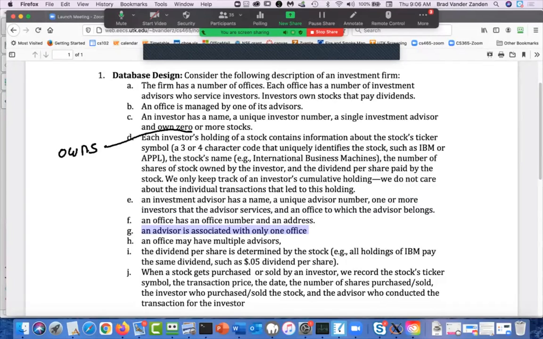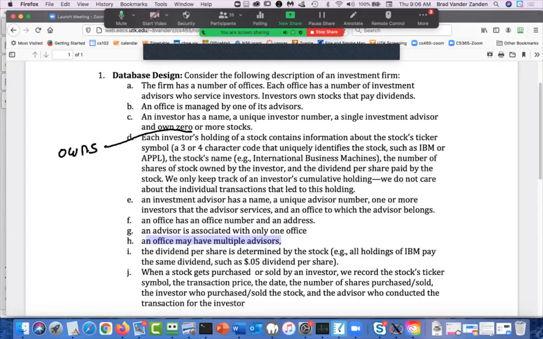So moving on to H. We see that an office may have multiple advisors. So this is now giving us information about the office advisor relationship and explicitly the multiplicity. So we know that now an office may have multiple advisors.